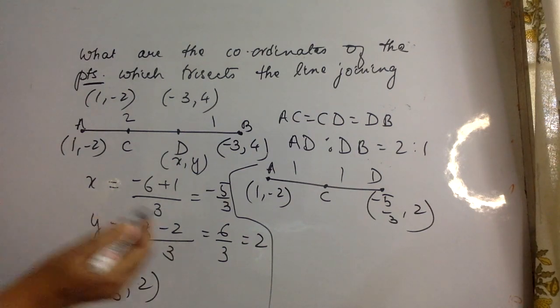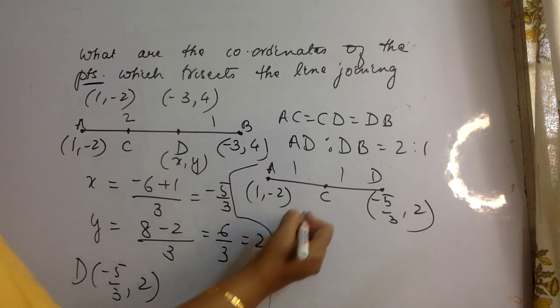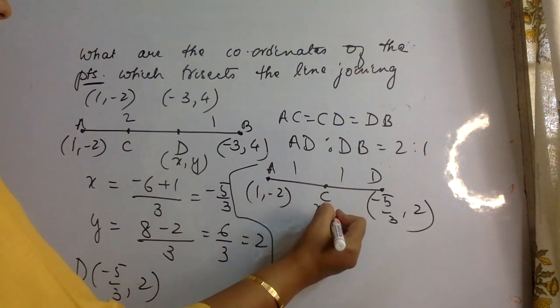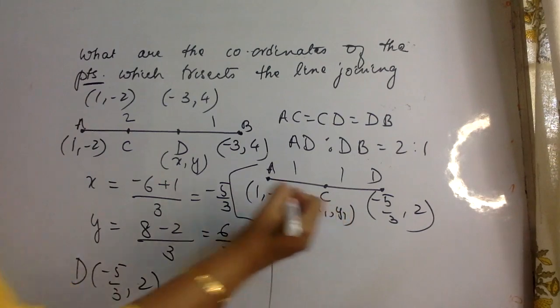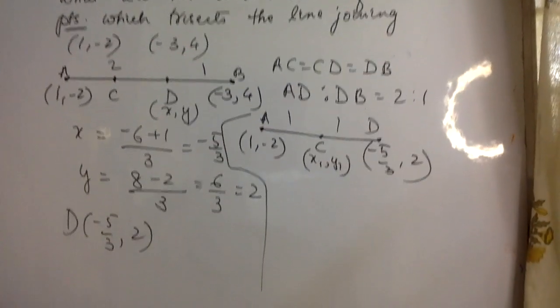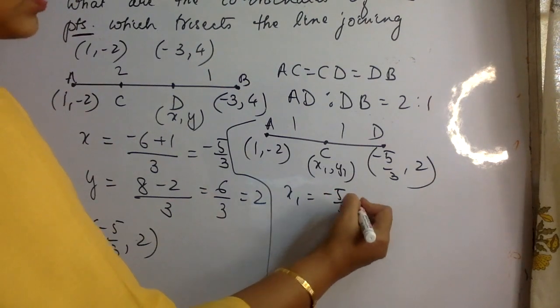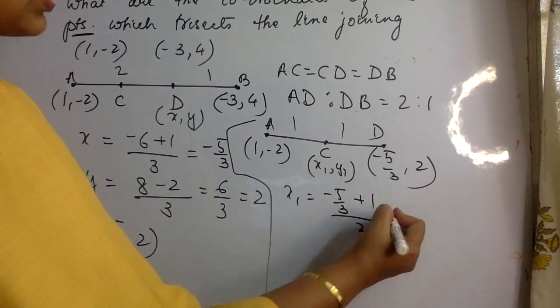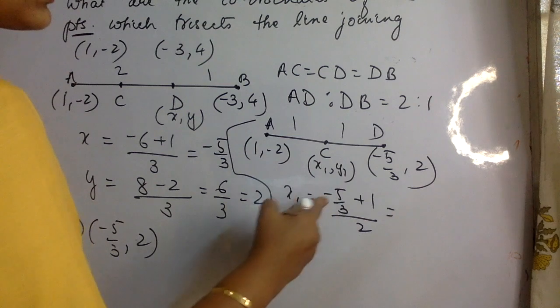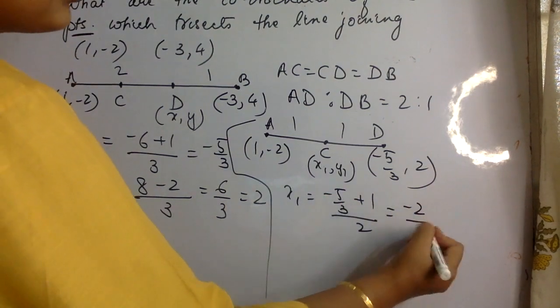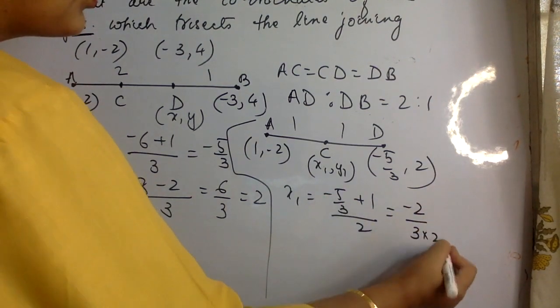So here if I take x1, y1, let's say, the coordinates of C. Now how do I find it? x1 is equal to minus 5 by 3 plus 1 by 2, which is minus 2 by 3 into 2.